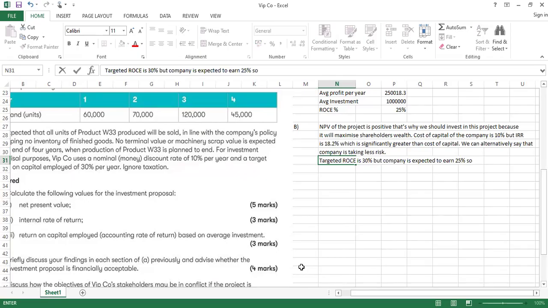So on the basis of ROCE, we should not make investment in this project.